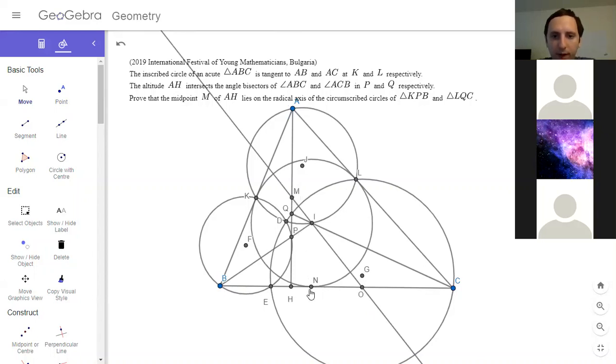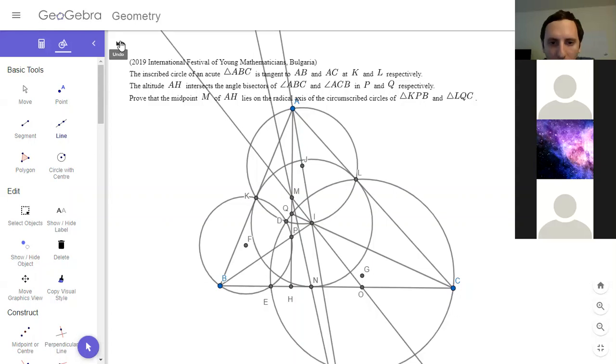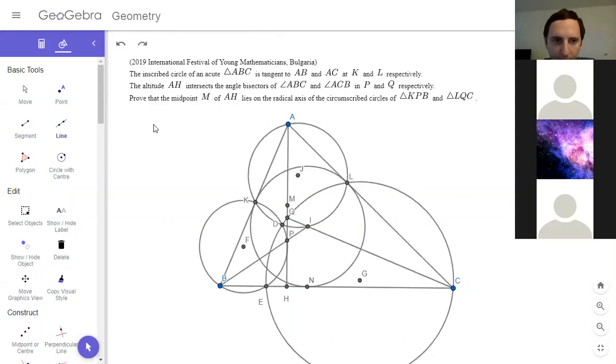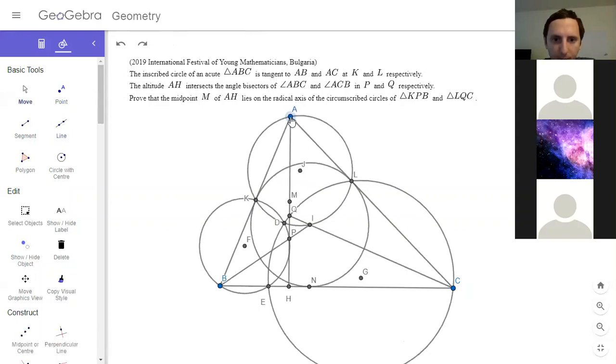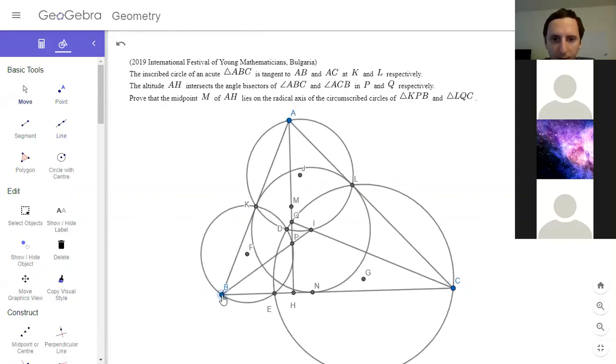And then you're also saying MN passes through the A-excenter. Okay, so one final thing that the midpoint of the altitude remains is the nine-point circle. No, oh, but that's the midpoint of AX now. So I'm just going to keep that in mind for now. But that's a good point.